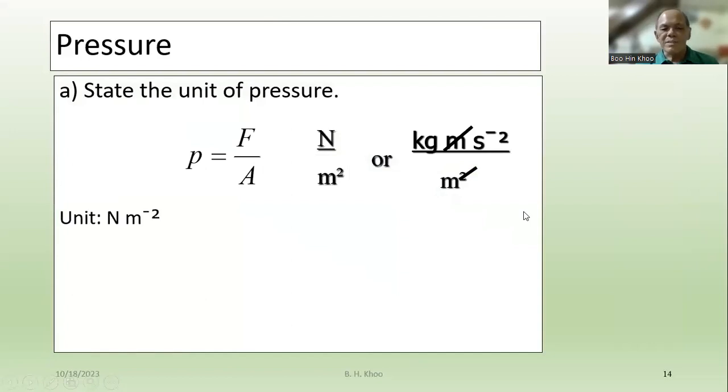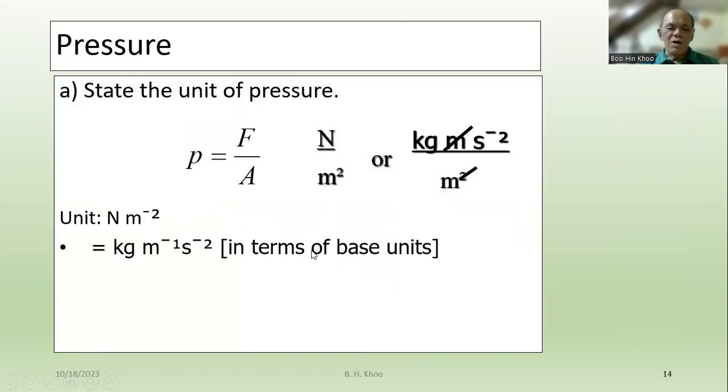The unit can be Newton meter minus 2, or in terms of base unit, kilogram meter minus 1 s minus 2, or Pascal, to honor the scientist who worked in this area. Pressure is a scalar quantity.